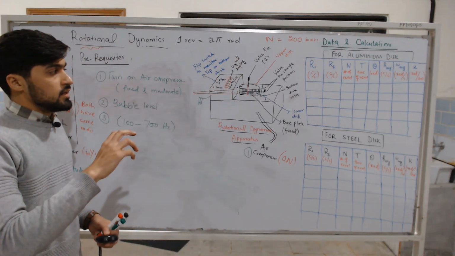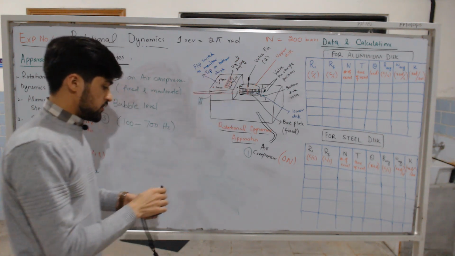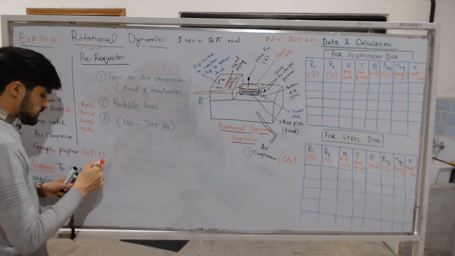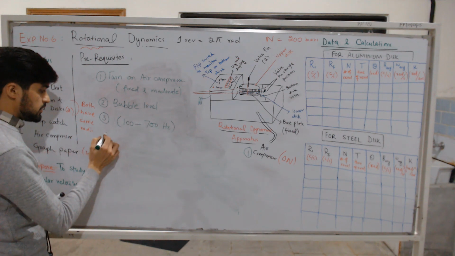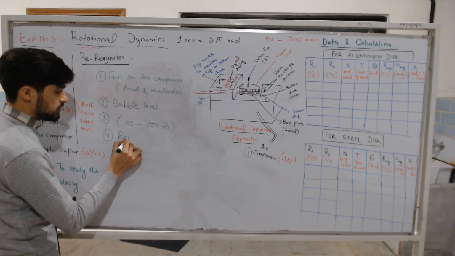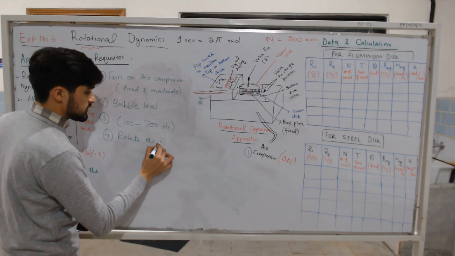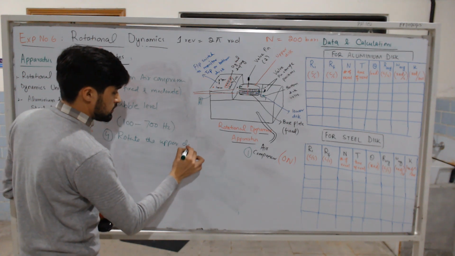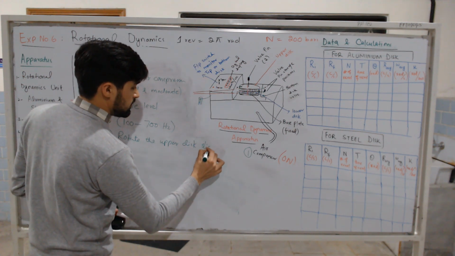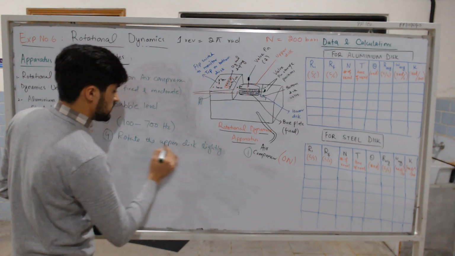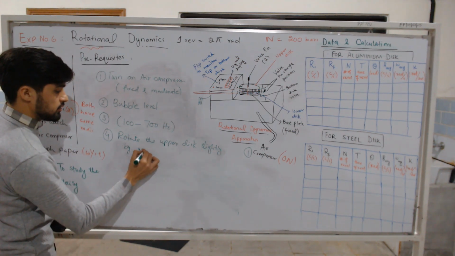Now you will gently rotate it by your finger. So rotate the upper disc. I will write it here. Number 4th point is rotate the upper disc slightly or gently by your finger.